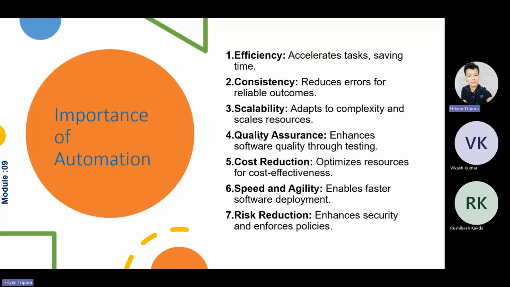Once the code has been tested and everything is verified, you don't have to worry much about issues. You can assure your code quality as well. Then cost: definitely cost reduction. It optimizes resources for cost effectiveness.